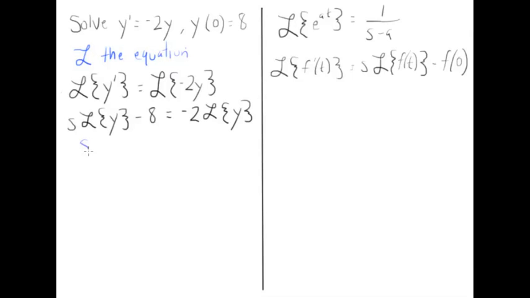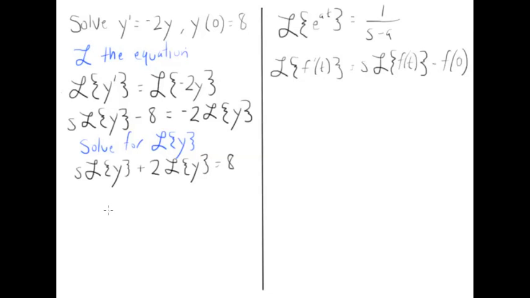Next thing you're going to do, solve for the Laplace transform of y. You note that that shows up on both sides of the equation. So if I rewrite this, I'm going to get s times the Laplace transform of y plus 2 times the Laplace transform of y equals 8.